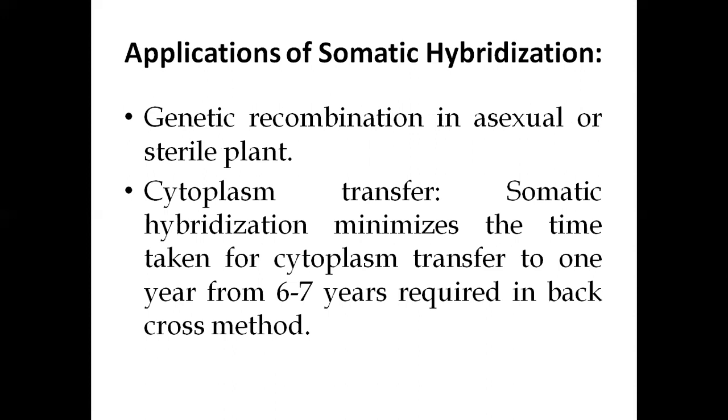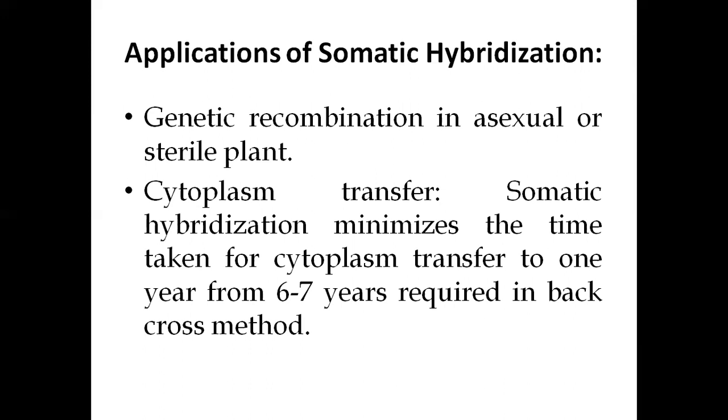In somatic hybridization, cytoplasm transfer takes place. So this somatic hybridization minimizes the time required for the cytoplasm transfer between the two plants. Within 1 year it could be transferred, but otherwise in the backcross method the same process of transferring the cytoplasm was taking more than 7 years, or at least 6 to 7 years were required to transfer the cytoplasm between the plants.